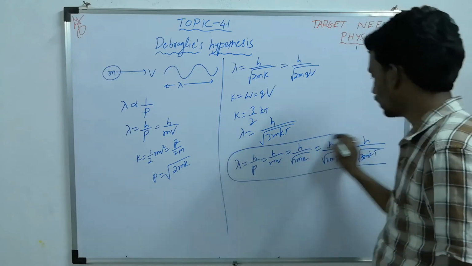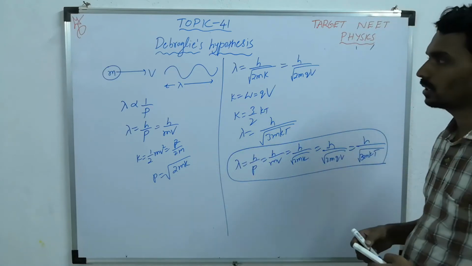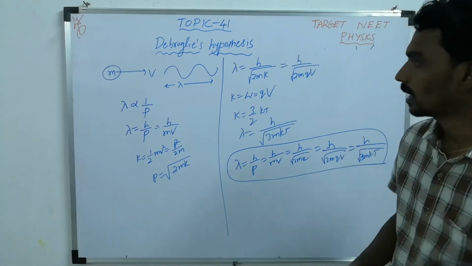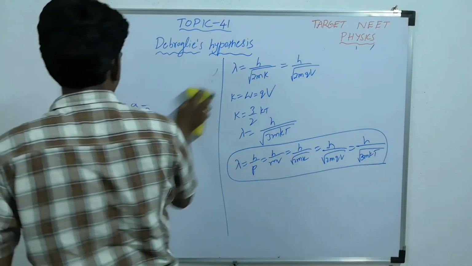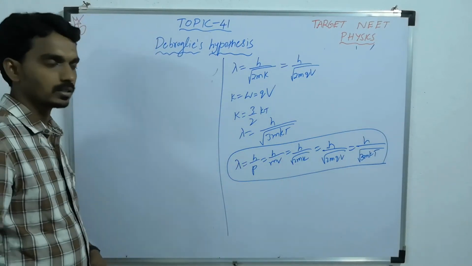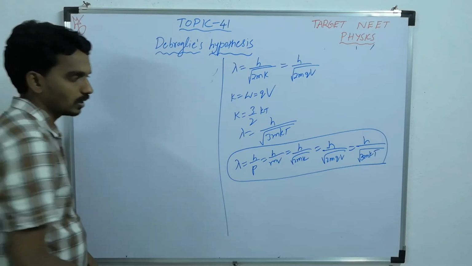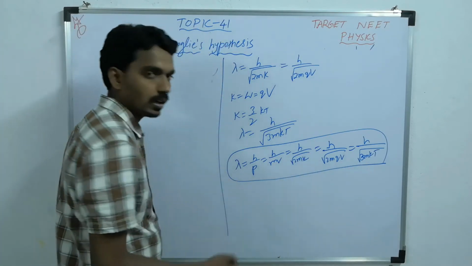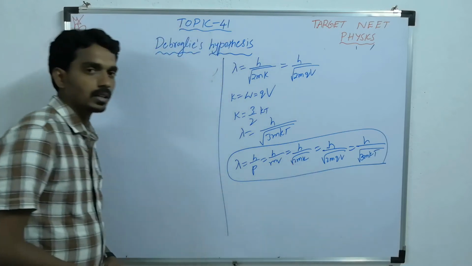If you remember this, then you can solve the questions. Sometimes they will ask questions directly based on these formulas, where you can substitute, but you have to think whether it is a thermal neutron, an accelerated charge, or any moving particle.